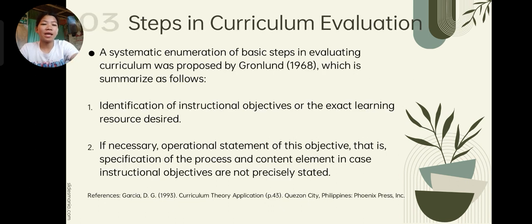Then we have the steps in conducting curriculum evaluation. A systematic enumeration of basic steps in evaluating curriculum was proposed by Grunland in 1968, which is summarized as follows.